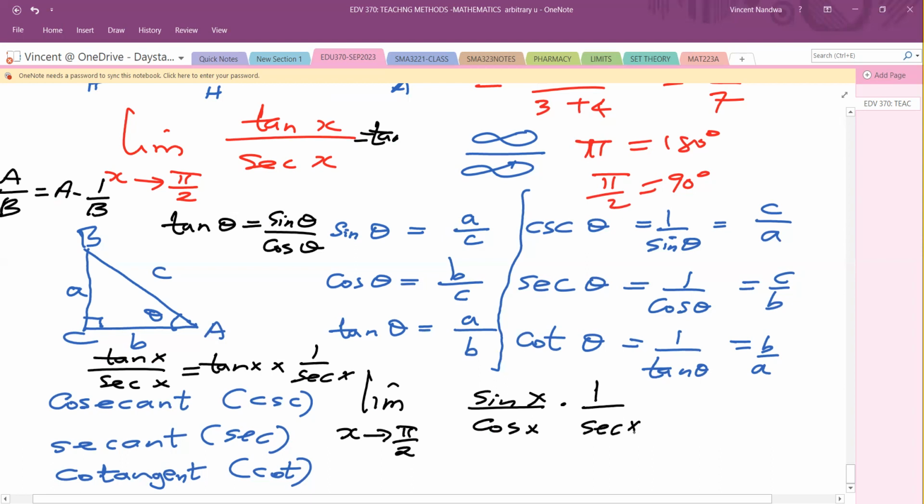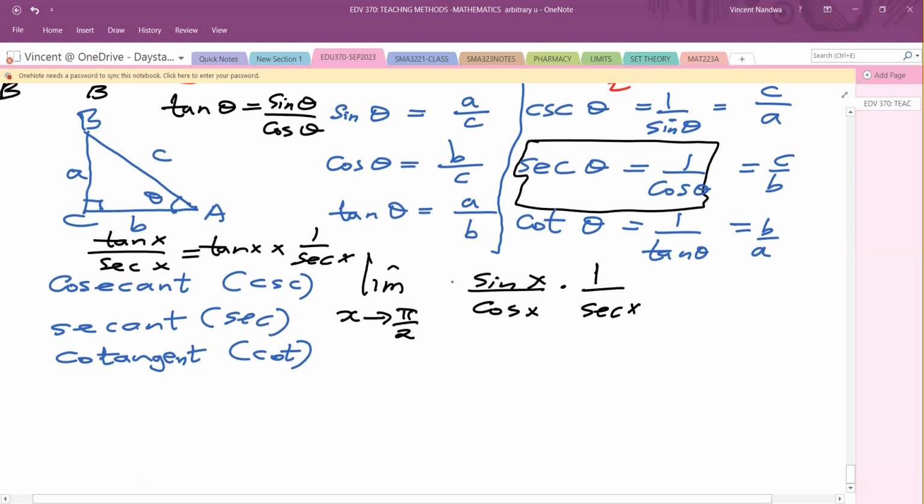So now what is 1 over sec x? Sec x, in terms of, so kama tunasema sec peke yake ni 1 over cos. So tukisema 1 over sec, I just want 1 over sec is the same as which ratio?